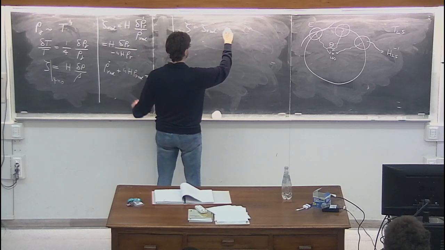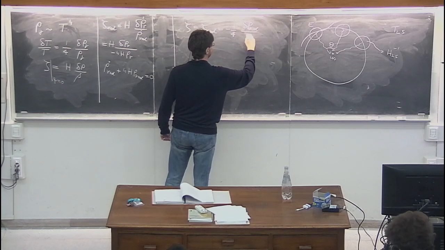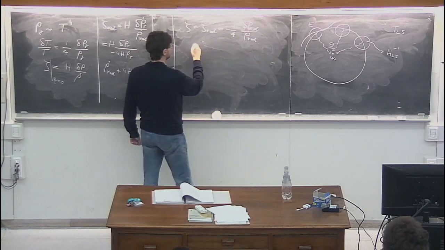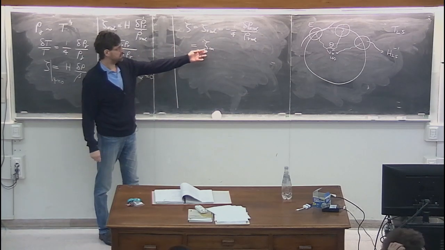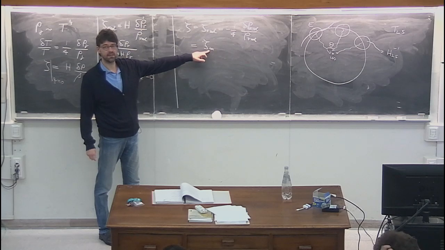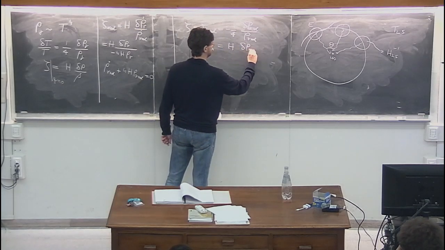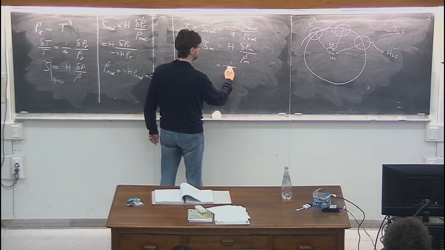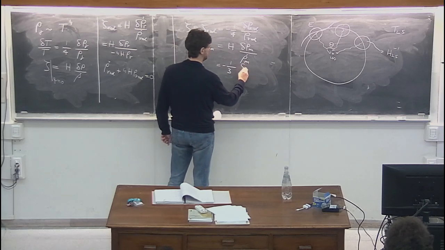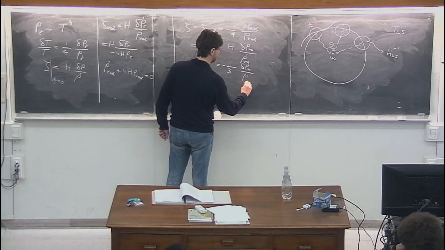So let me rewrite the expression. The H goes away, so it's minus 1/4 delta rho radiation divided by rho radiation. This is also equal to zeta matter, where zeta sub m is the value of zeta when the universe becomes matter dominated. And what is this? It is H delta rho matter divided by rho dot matter, and therefore it is equal to minus 1/3, because the pressure for matter is 0, delta rho matter divided by rho matter. Okay?